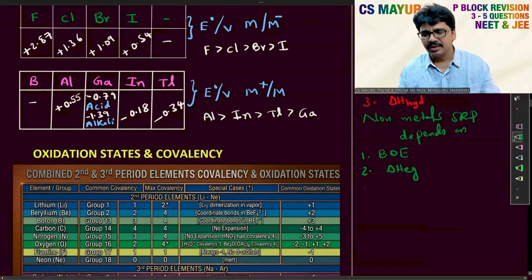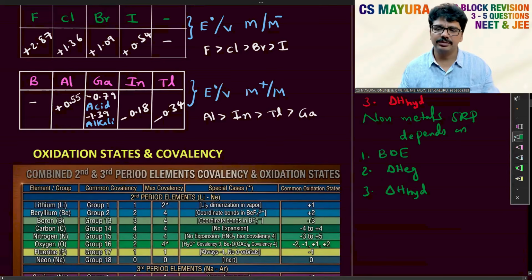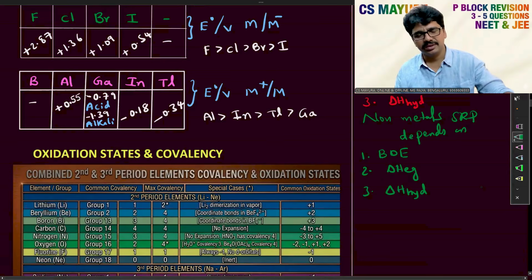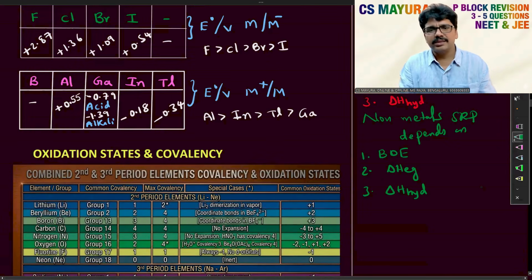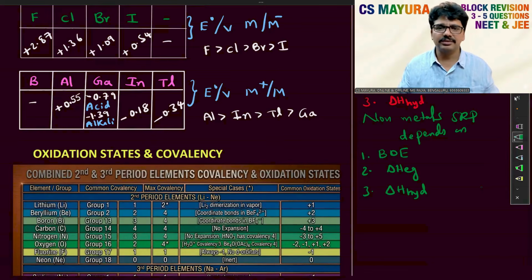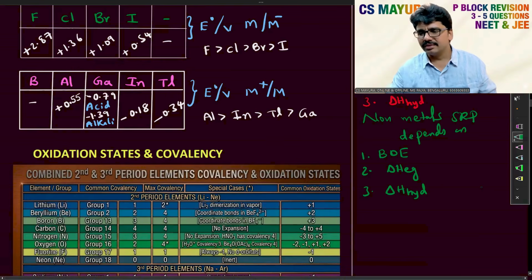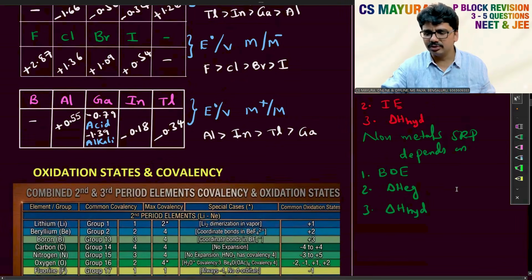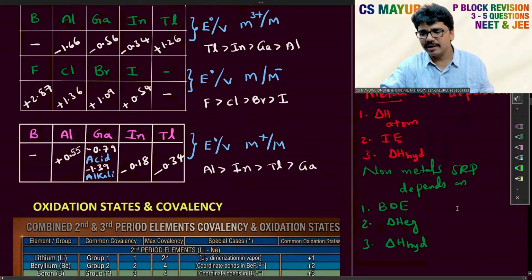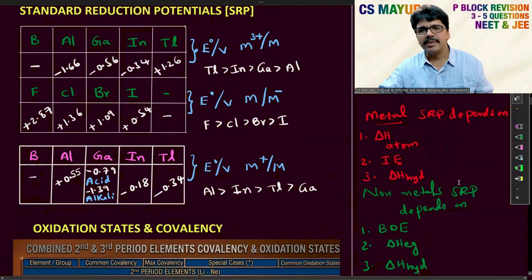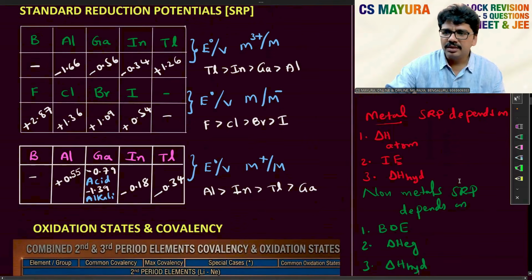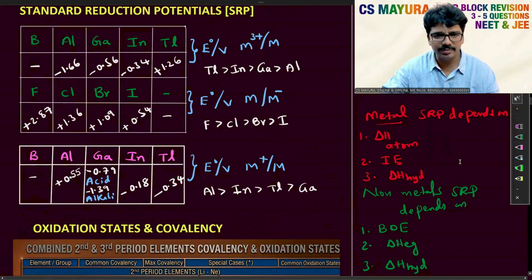And the third is hydration enthalpy. After formation of these anions, when they are taken in aqueous solution, they get hydrated, they are stabilized, and energy is released. So non-metals' SRP depends on bond dissociation enthalpy, electron gain enthalpy, and hydration enthalpy, and metals' SRP depends on heat of atomization or sublimation, ionization enthalpy, and hydration enthalpy.